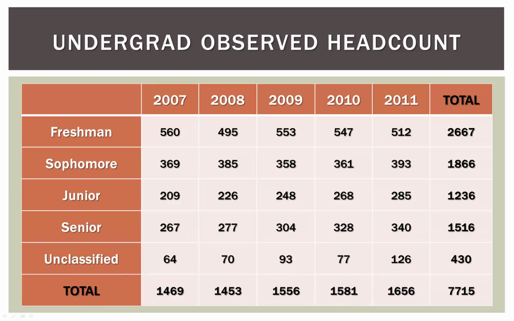The thing that makes a contingency table, or sometimes called a crosstab table, is that when you add up the total column and the total row, it comes out to be the same thing. So if we add up all the totals in the total column, we come up with 7,715.